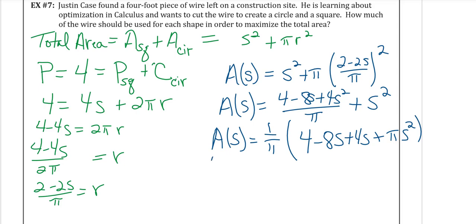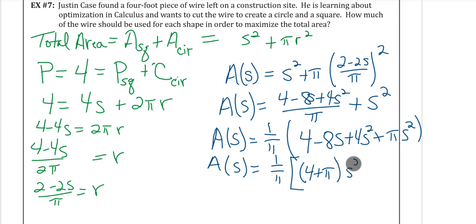So I kind of have like terms. Is 1 over pi times, so I'm going to have (4 plus pi) times s squared minus 8s plus 4. That's going to make it a little easier to deal with.